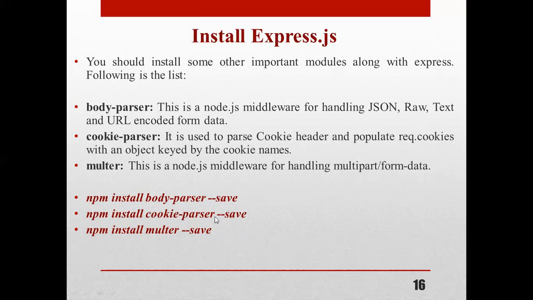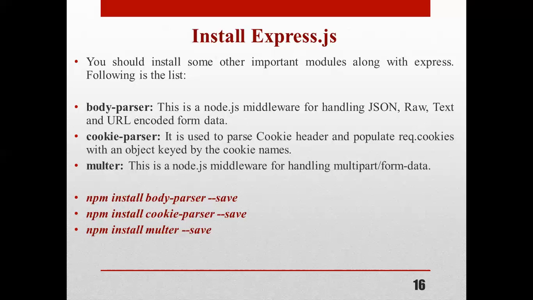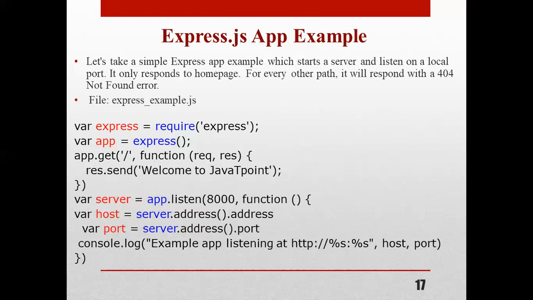And after successful installation of cookie-parser, write npm install multer --save for installing multer, that is for multipart. This is the way we can install Express.js and then some modules along with Express.